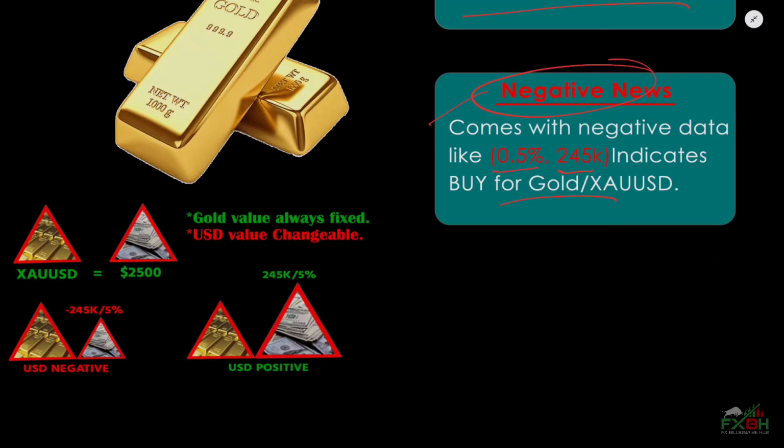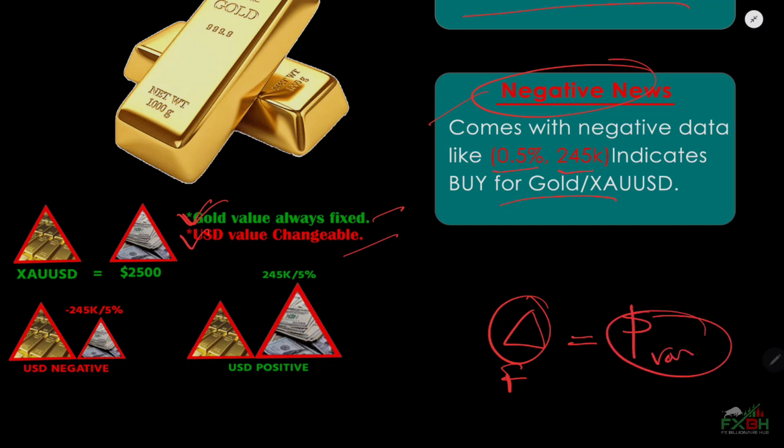In that case, you have to keep two things in mind. One is that gold value is always fixed, that means constant, while USD or currency value is changeable, a variable. Variable means the currency value can go up or down.